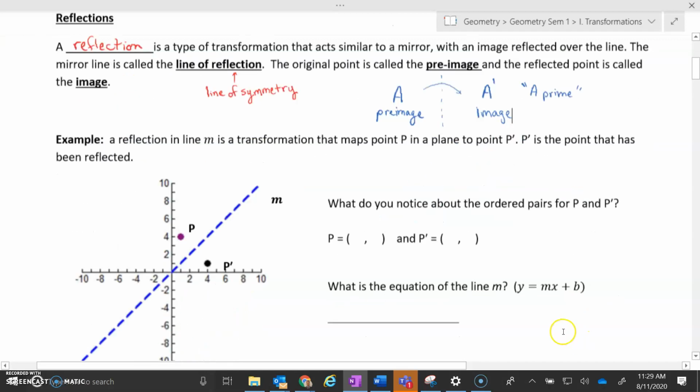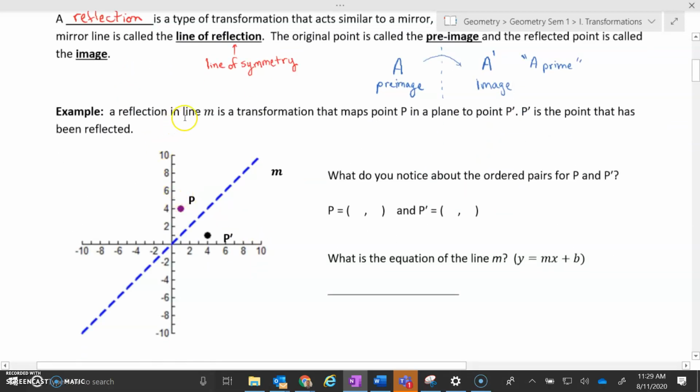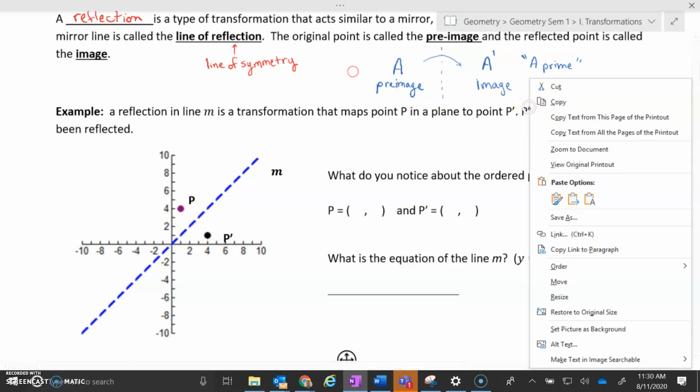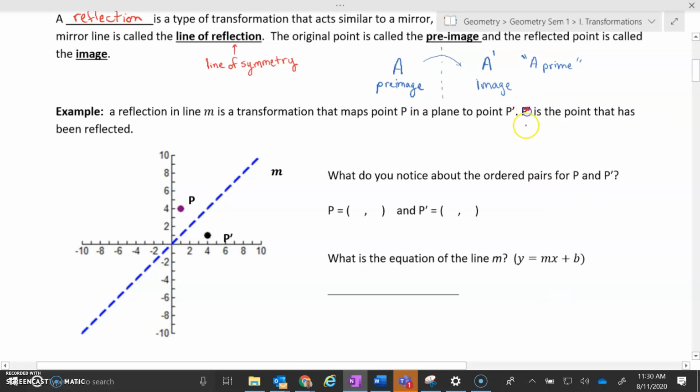Okay? So a reflection in line M, this is line M, this blue dotted line, is a transformation that maps point P in a plane to point P prime. Sorry, this should not say P prime, this should say P is the point that has been reflected.